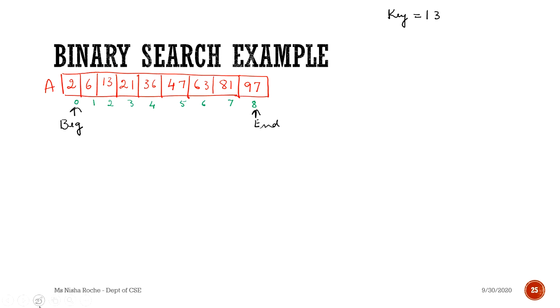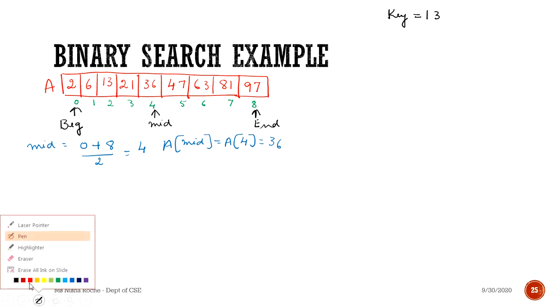First step, find the mid element. The mid element is found by taking the average. So 0 plus 8 divided by 2, which is nothing but 4. A of mid, which is nothing but A of 4, is 36. So 36 is the mid element.